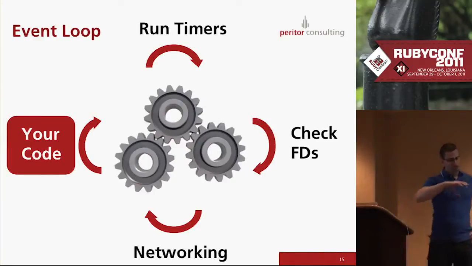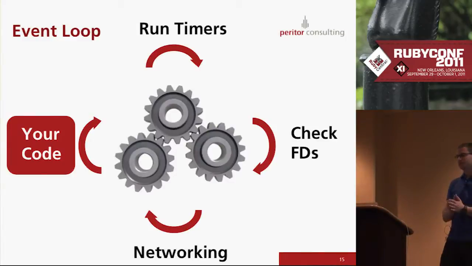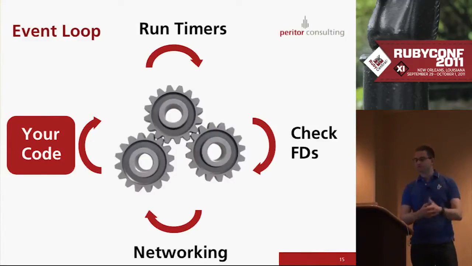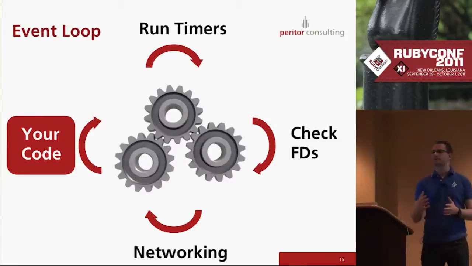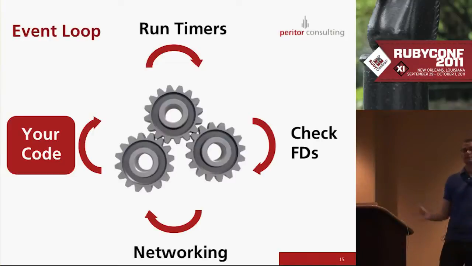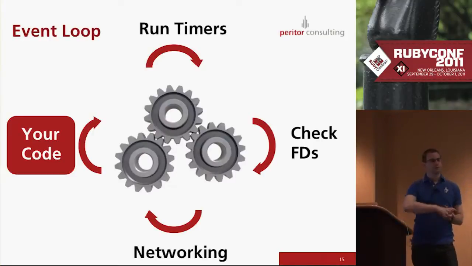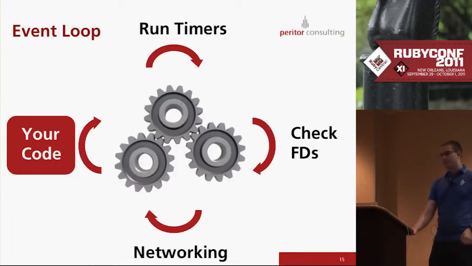So what you do with your code is register your callbacks. And during such a loop run, what Eventmachine is doing is running all timers that you registered. It's checking file descriptors, sockets, networking, stuff like that. And then it calls your code if necessary. And then the next iteration starts. So the whole idea is this loop is endlessly running: checking file descriptors, checking networking, your code, any callbacks that you registered, and next round.